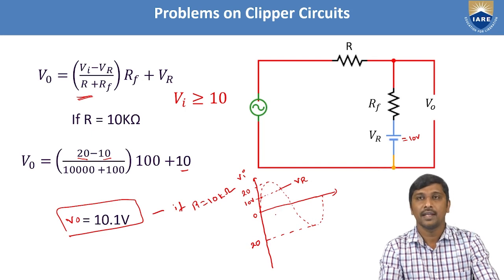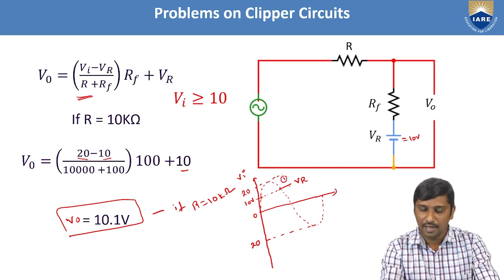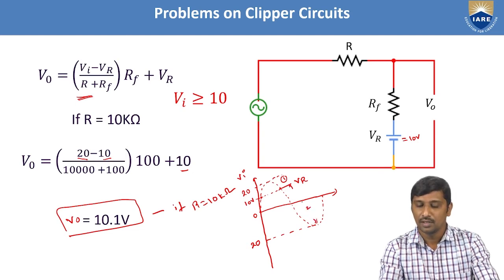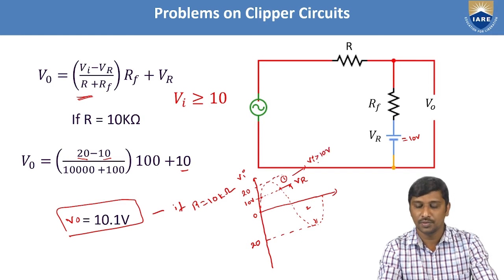Now we need to analyze. Based on this reference point we have two portions. This is the first portion, and from this point to this point is the second portion. If you observe the first portion, the condition is Vi is greater than or equal to 10 volts.